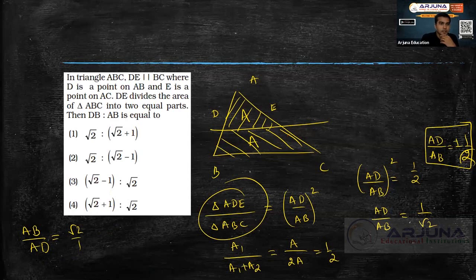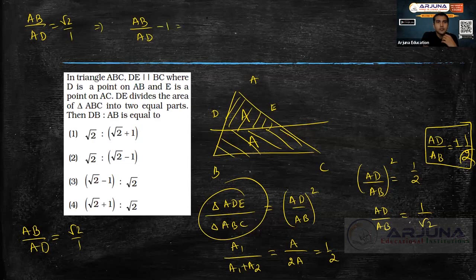Okay, so I have AB divided by AD is equal to root 2 by 1, right? So what I will do next is I will do minus 1 to both sides. So AB by AD minus 1 is equal to root 2 minus 1.